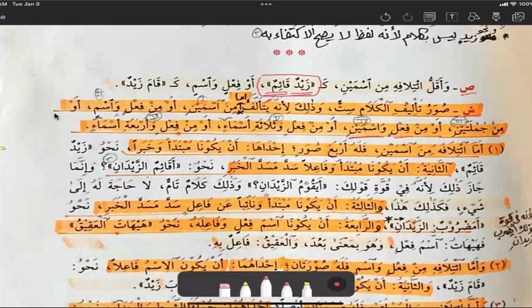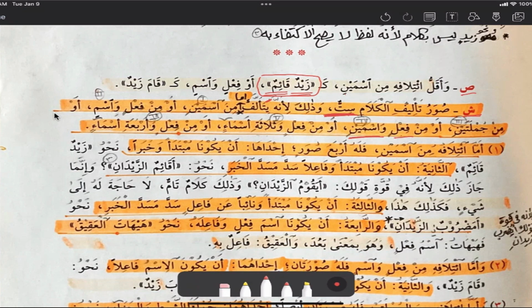So in the text, he said the minimum composition of speech is two nominals or a verb and a nominal. And then in the explanation, he gave more details. So just from the text alone, you might not know that there's 6 scenarios for composing speech in Arabic.